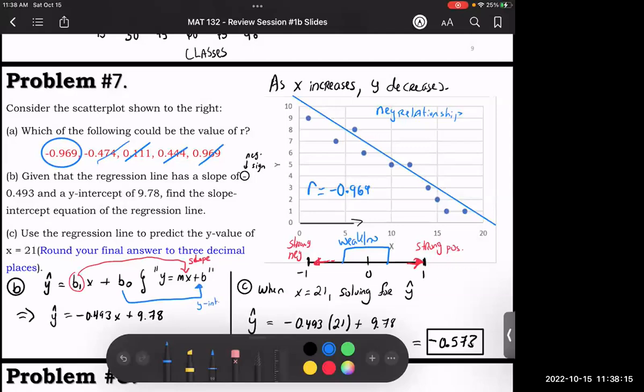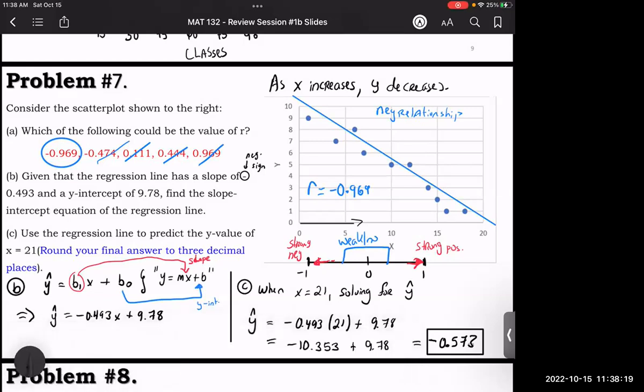From an algebra course, students usually recognize this formula as y equals mx plus b, the slope-intercept equation of a line. B is the y-intercept, right? Oh, intercept. Thank you.